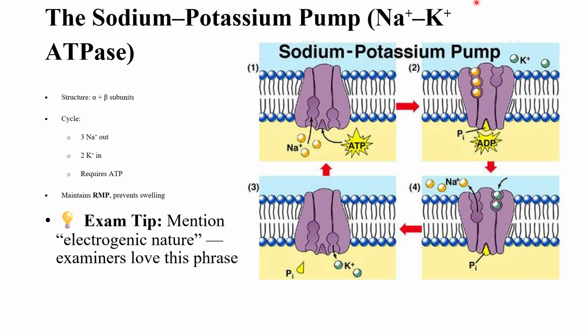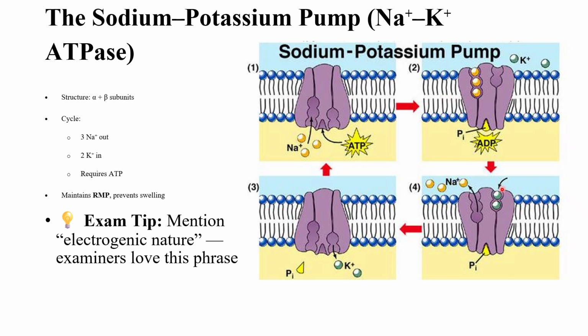That shift opens the pump to the outside, allowing the 3 sodium ions to slip out into the extracellular fluid. In that new outward facing position, the pump encounters potassium and gently catches 2 ions from the outside.